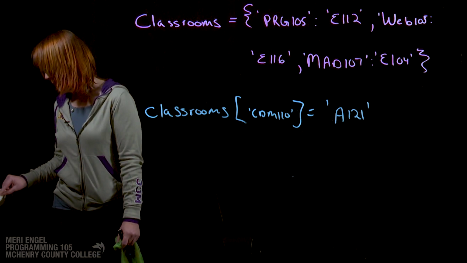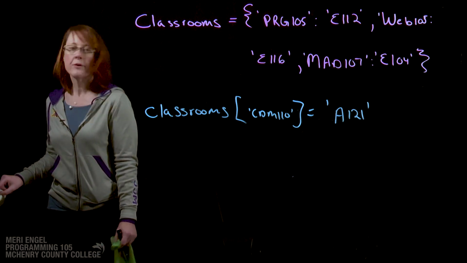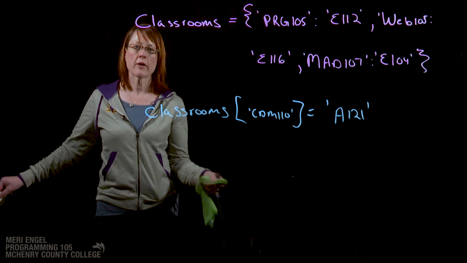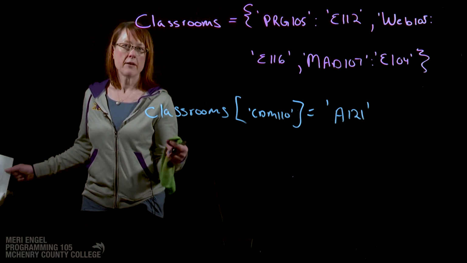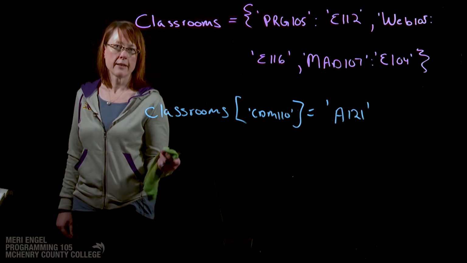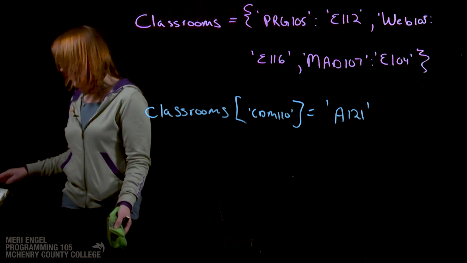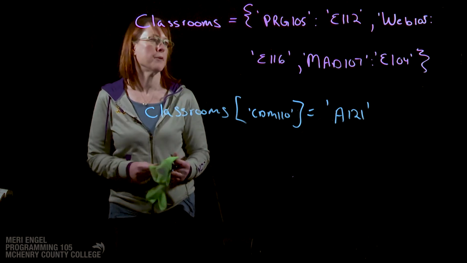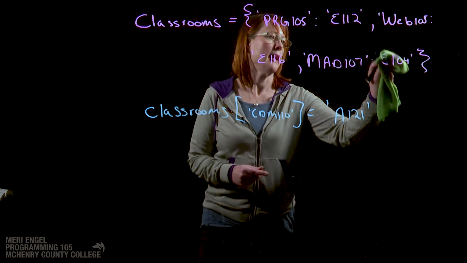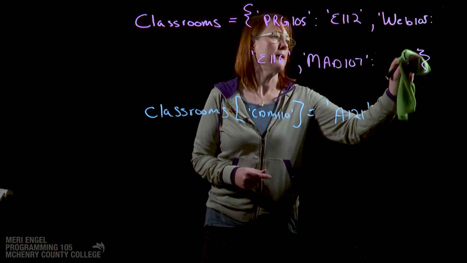There are other things you can do. You can get the length of the dictionary to find out how many elements are in it, and that works like it does in a string or in a list or in a tuple. We also can mix data types. I could have had just numbers here. This would be allowed. They don't have to both be strings.